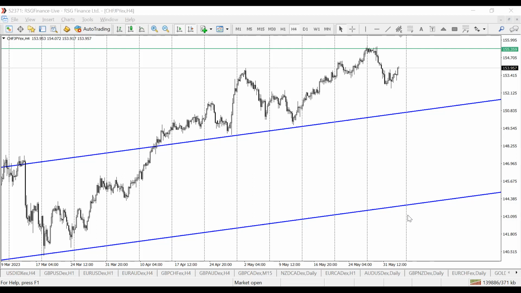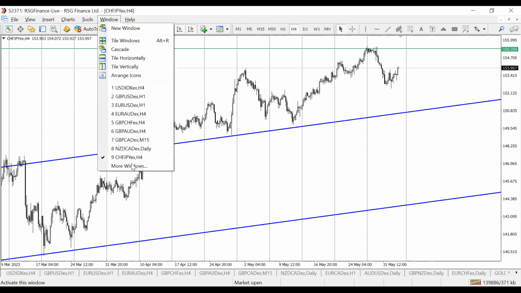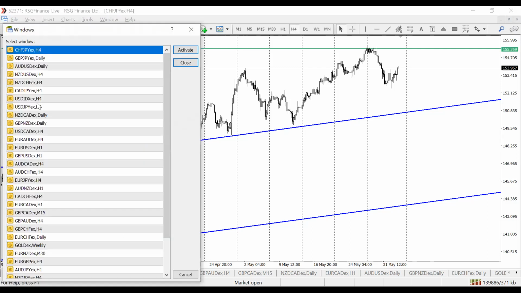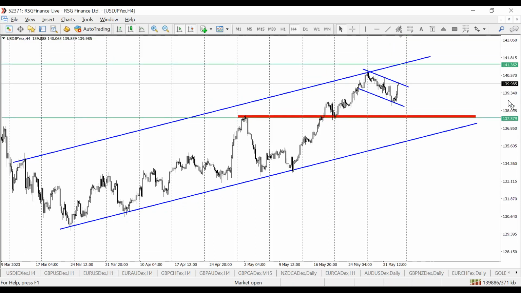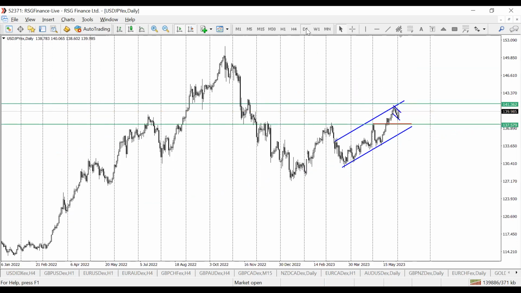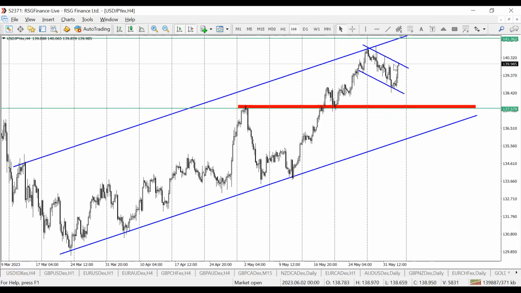And last but not the least is USD Japanese yen. USD JPY, nice, interesting setup here. We have price trading along this channel. Look at the big picture. What I will expect to see is if price could break out from this flag pattern.